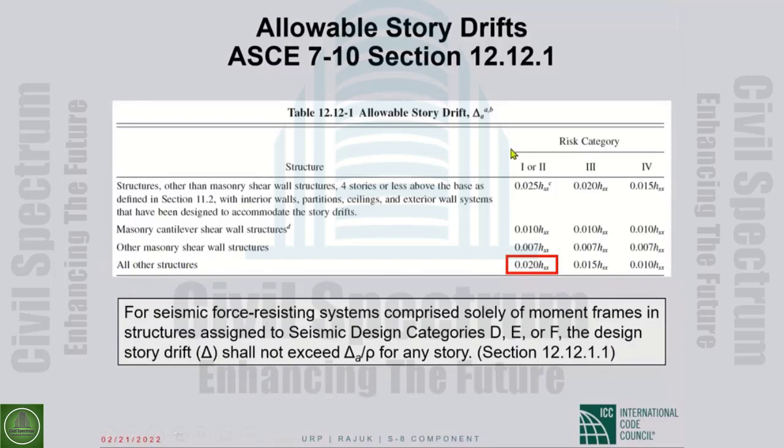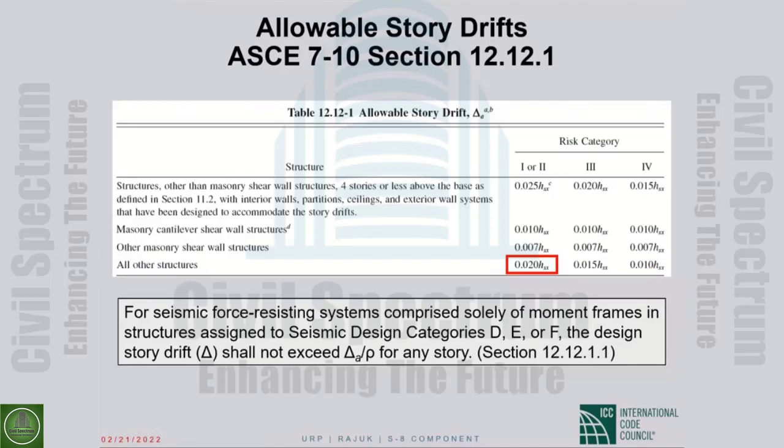Actually, this is called occupancy category in the older documents like your code. 1.5% of story height for category 3 buildings, which are assembly buildings, where a lot of people congregate in one space at one time, and the limit is 1% of story height for essential facilities and hazardous facilities.